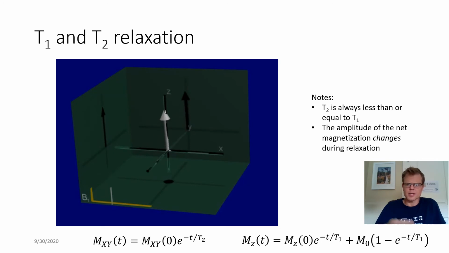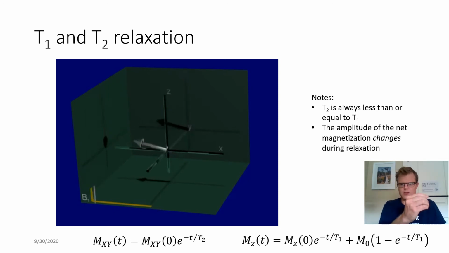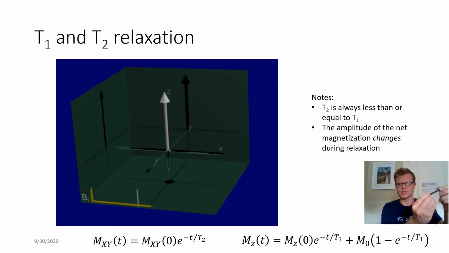So this is a common misconception, or a common error that can happen in understanding the magnetization vector. You can see my pen here. It's not like an illustration where the net magnetization is always the same length and it's sort of moving around or relaxing back in some manner like this. It's actually the amplitude that is going to be changing size, just as you see in this animation here.